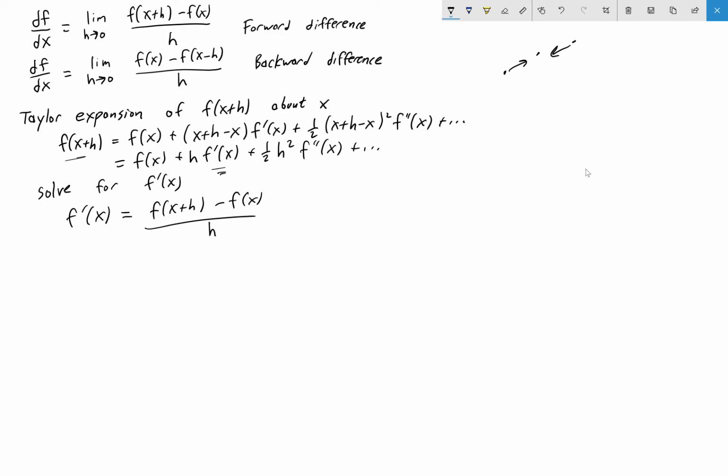Really, I'm going to divide every term by h, but we'll put those in this form because, hey, that looks a lot like the forward difference rule, just without the limit part. And then what are the other terms? Well, we're going to have an h squared on 2 divided by h, so that's going to be a total of h on 2 times the second derivative of x plus everything else. And so that's my error, and the error is going to scale like h.